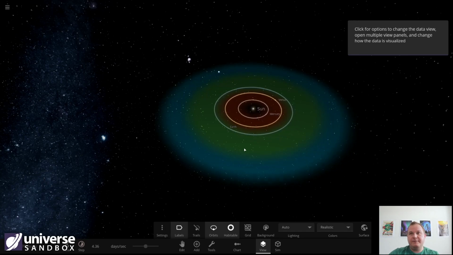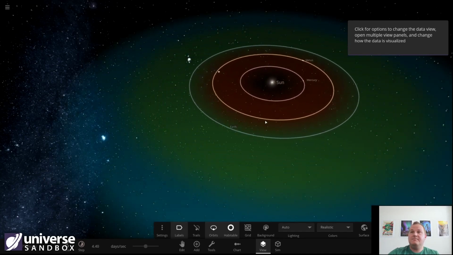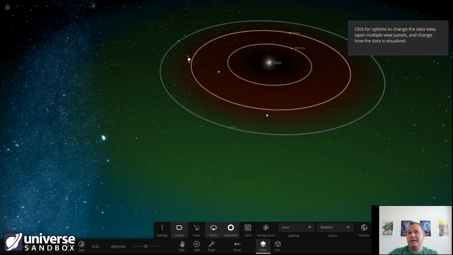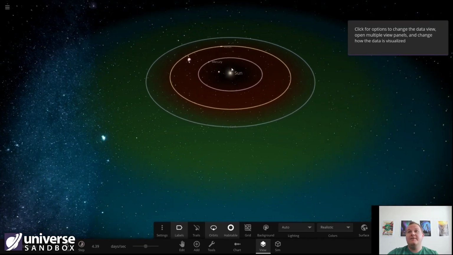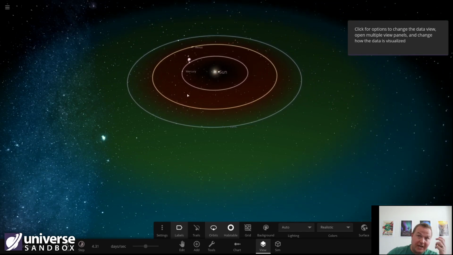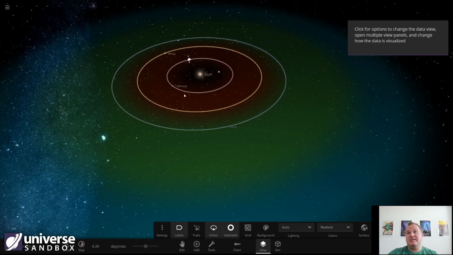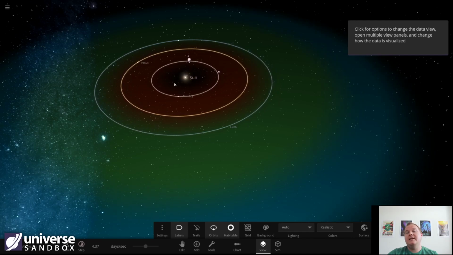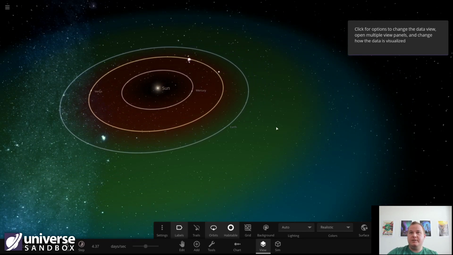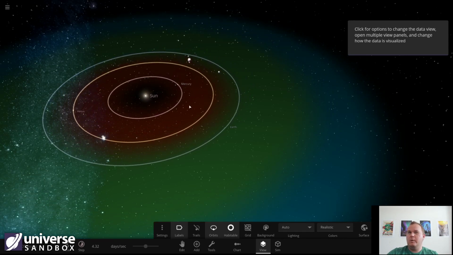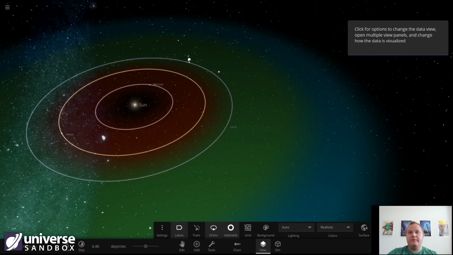But Mercury can't have liquid water. Venus is probably too hot to have liquid water anyway, but a long time ago it could have been habitable because the sun is actually getting hotter over time, which means the habitable zone of the sun is extending outward. So several 100 million years ago, this green zone, the Goldilocks zone, was probably quite a bit closer, and Venus would have been part of it.